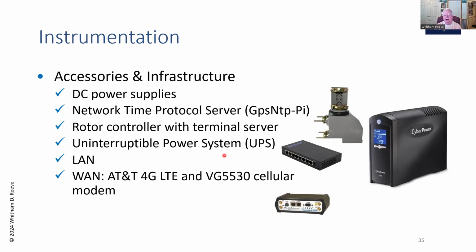There's a local area network. I use AT&T 4G LTE service for the wide area network WAN service, and I have a VG 5530 cellular modem shown down here at the very bottom. Now it turns out that modem just recently failed on me, and so I replaced it with a Digi International unit that is in operation right now.